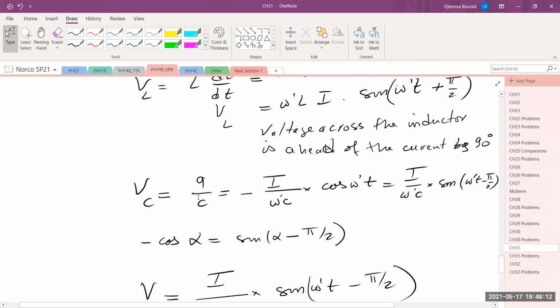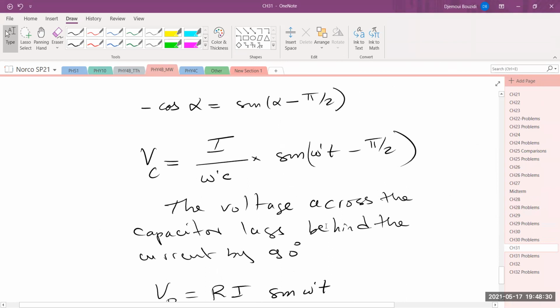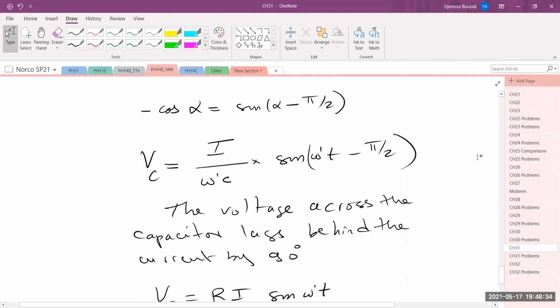When you take the charge, you have to integrate that expression. When you integrate it, you're going to put a negative sign, and you change the sine to a cosine. Now if you want to convert that back to a sine, you have to subtract pi over 2. When you do that, that means the voltage across the capacitor lags behind by 90 degrees, and here it is.